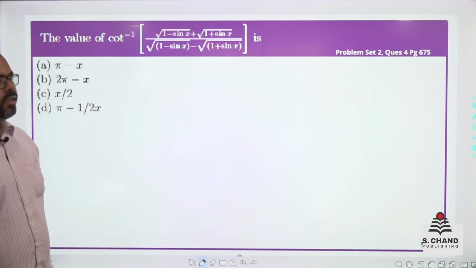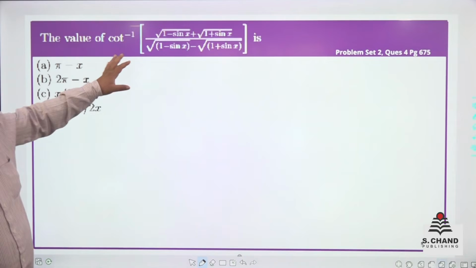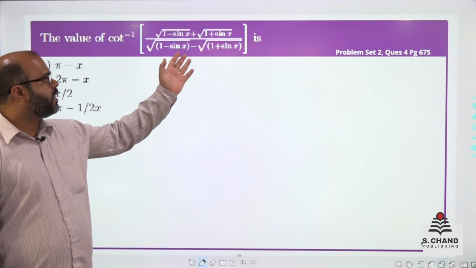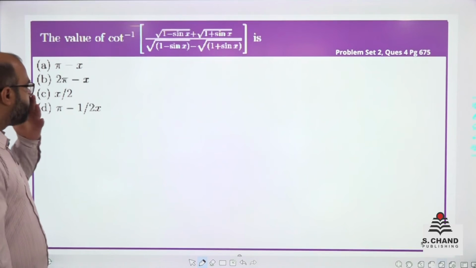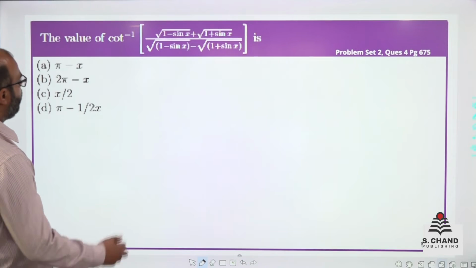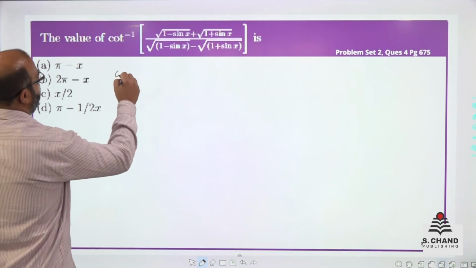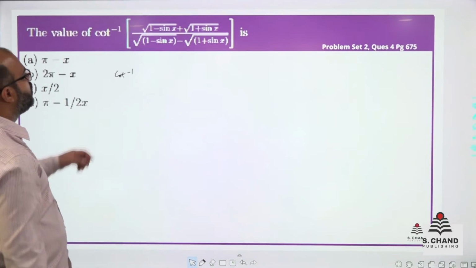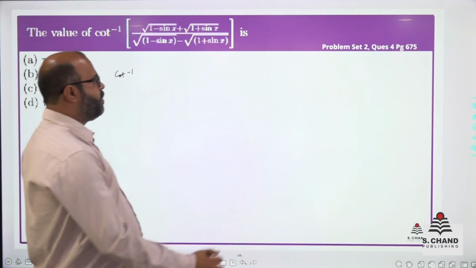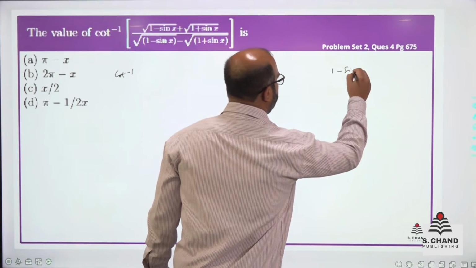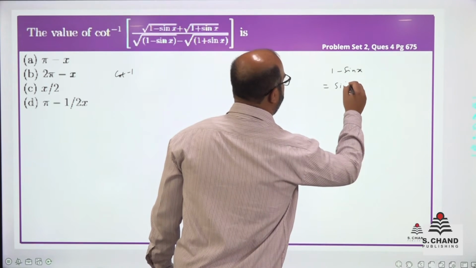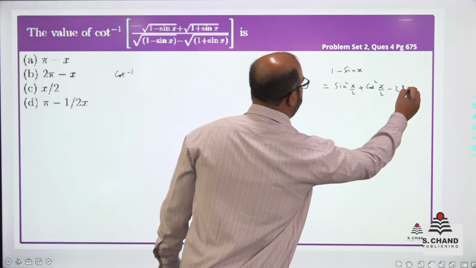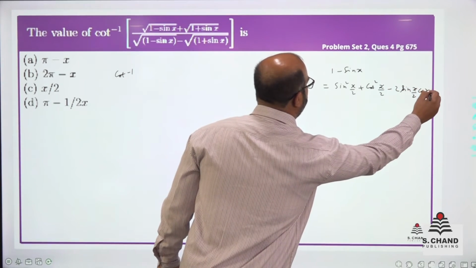Now let us come to the next question here. The value of cot inverse of (root over 1 minus sin x plus root over 1 plus sin x) by (root over 1 minus sin x minus root over 1 plus sin x) is. So when we want to solve this question, let us write cot inverse of this whole thing. 1 minus sin x can be written as sin² x/2 plus cos² x/2 minus 2 sin x/2 cos x/2, which is sin x.